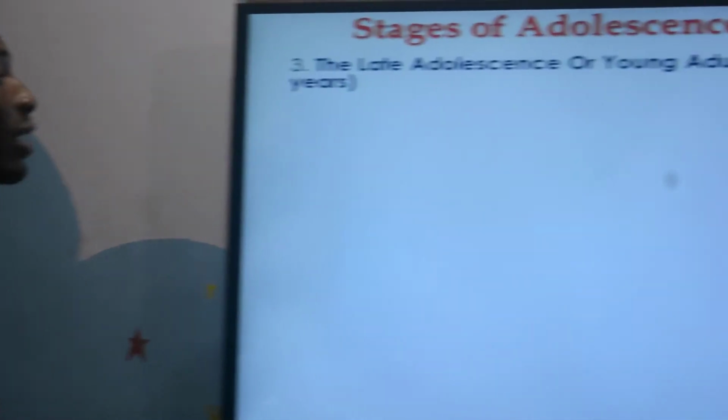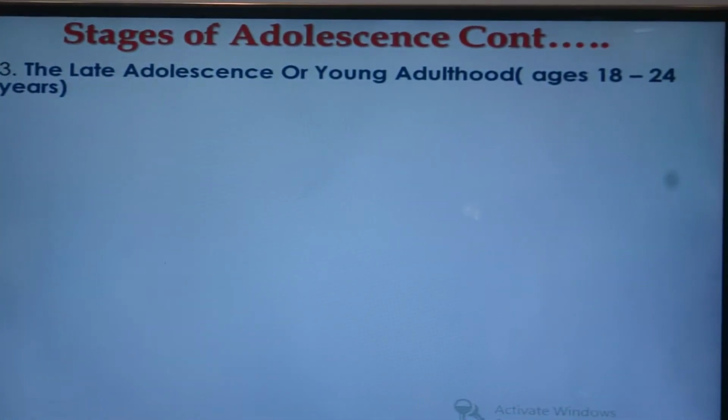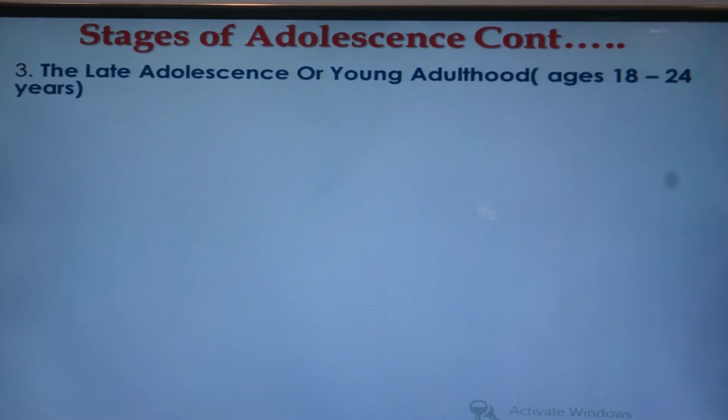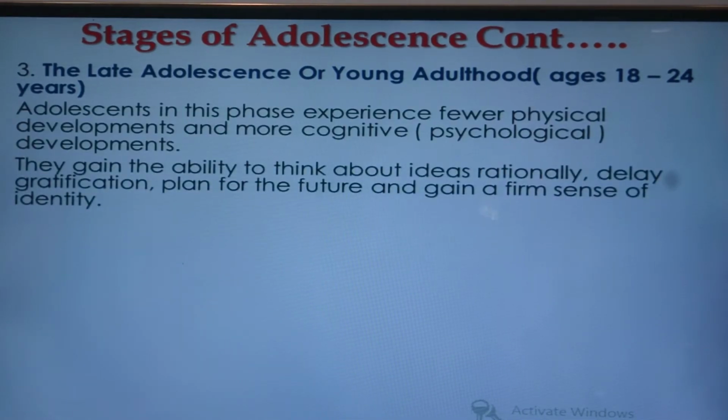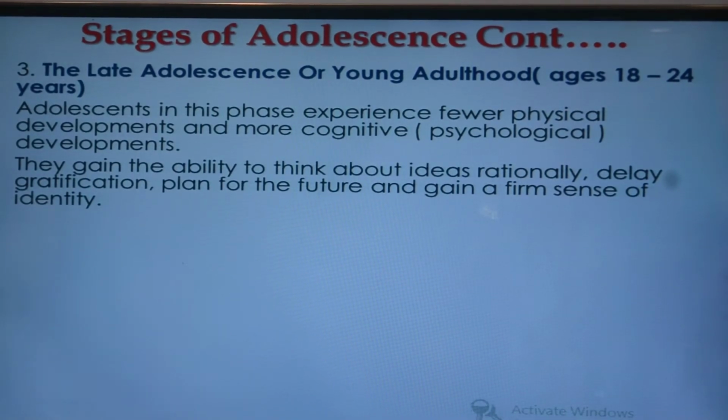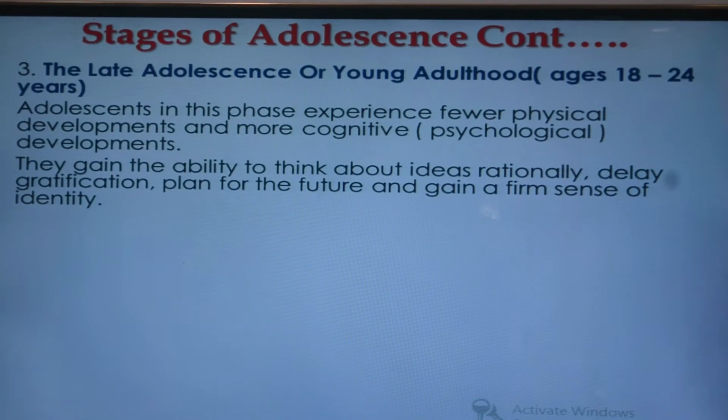The late adolescence, or the young adulthood, is the last stage of adolescence, and it spans between the ages of 18 and 24. Anyone at the age of 18 is considered an adult and can be given self-independence to go about their own activities. Adolescents in this phase experience fewer physical developments, but more cognitive or psychological development.